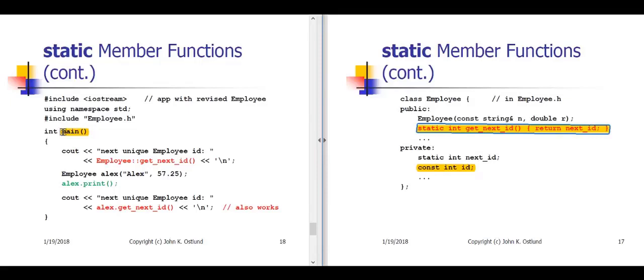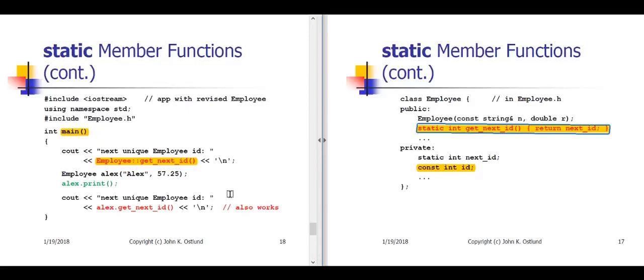So when main is called, even though we don't have any individual employee objects existing at this point, I can invoke this static member function, getNextID, for the employee class by using the notation Employee::getNextID. I don't need there to be a current employee object in order to invoke this function. And at this point, because no employees have been created yet, Employee::getNextID will return to me a 1. 1 is the next ID number that will be assigned when we create an employee object.